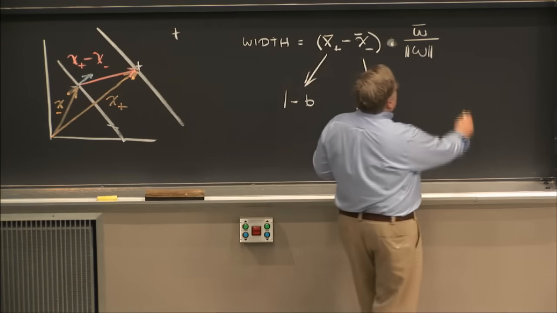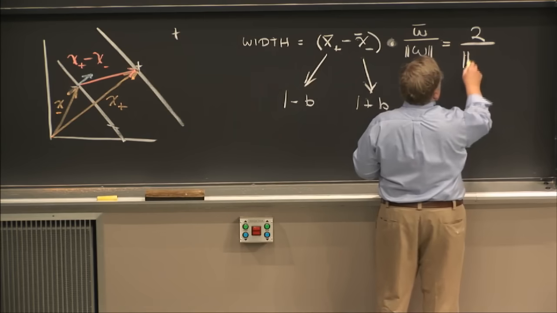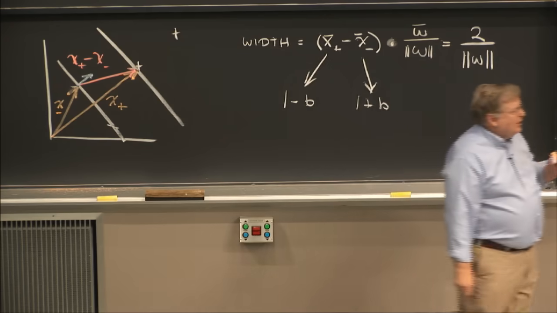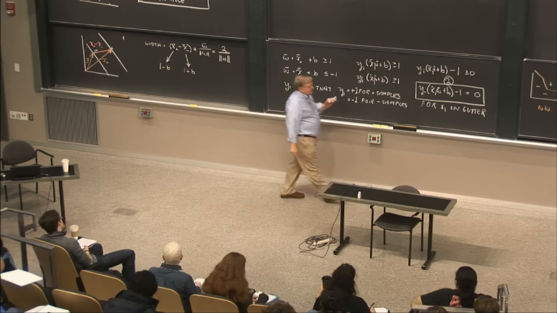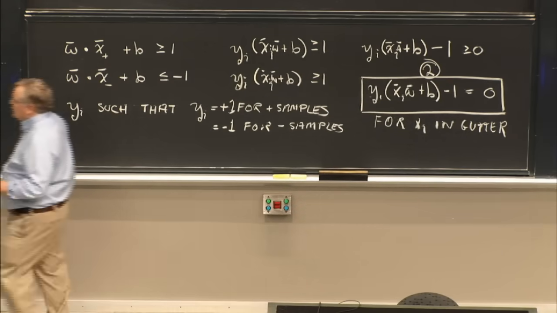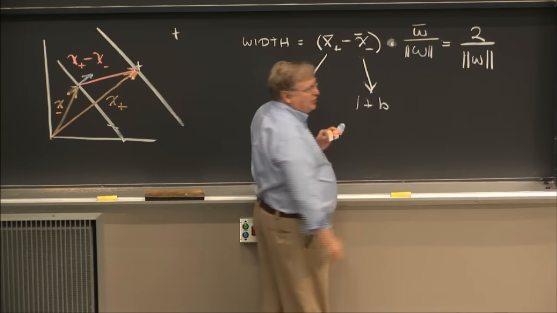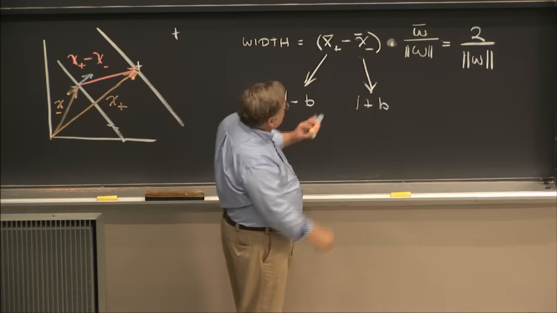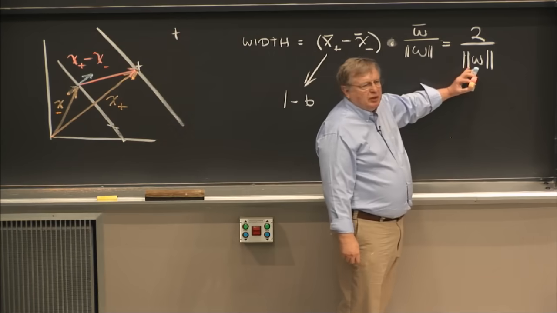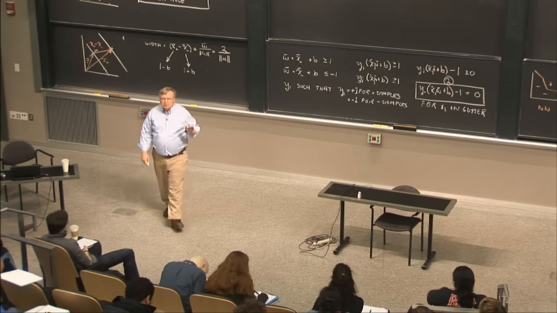So that all licenses us to rewrite this thing as 2 over the magnitude of w. How did I get there? Well, I decided I was going to enforce this constraint. I noted that the width of the street has got to be this difference vector times a unit vector. Then I used the constraint to plug back some values here, and I discovered to my delight and amazement that the width of the street is 2 over the magnitude of w.